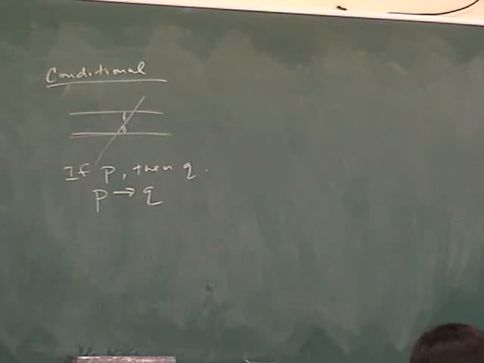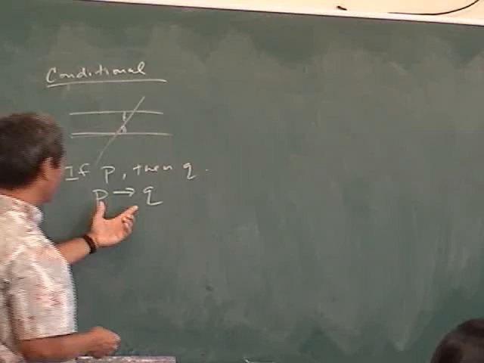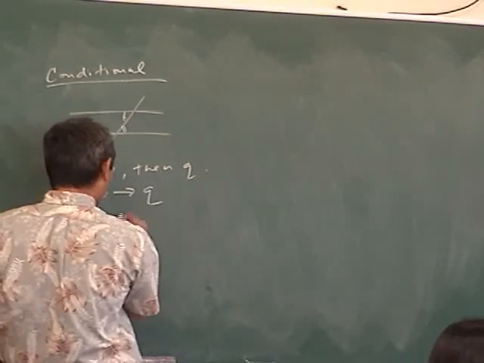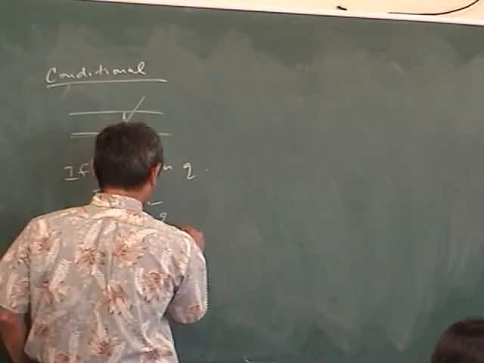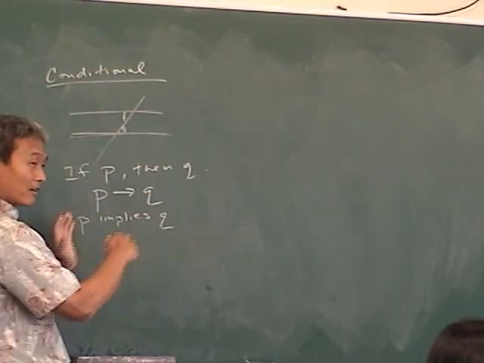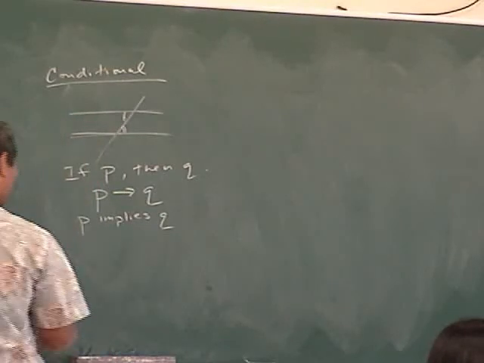Unfortunately for you, that's not the only way to state this. The most common way would be if P, then Q. Another common way would be P implies Q. This is all in your notes. That's why the arrow goes from P to Q. But here are the ones you're not going to like.